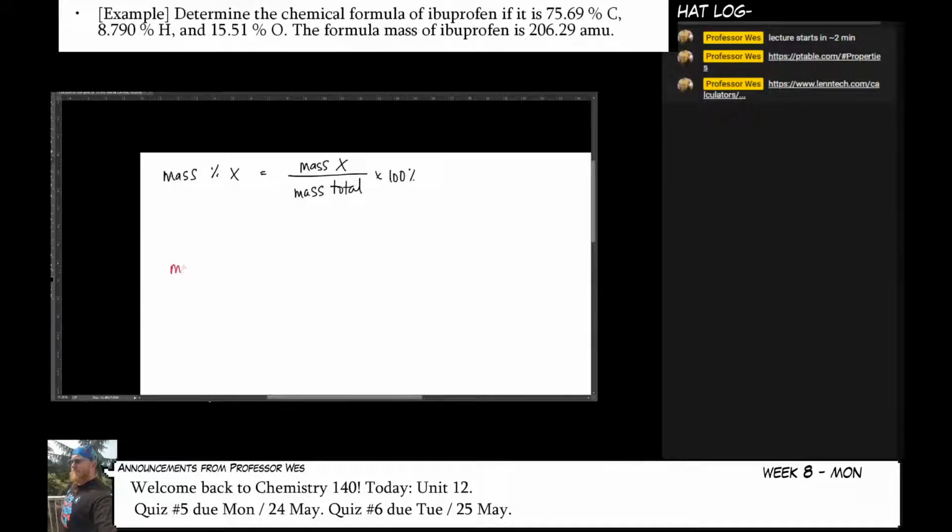So if I do mass percent carbon, I know that this number is 75.69%, because it says that on the problem statement right there.